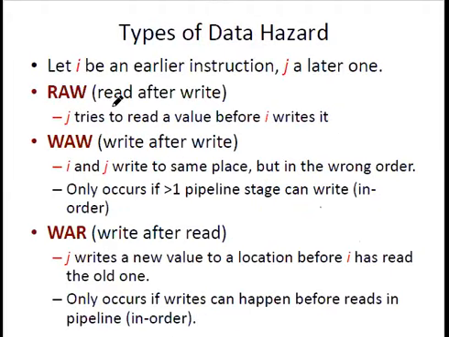A RAW hazard is a read after write. J tries to read a value before I writes it.